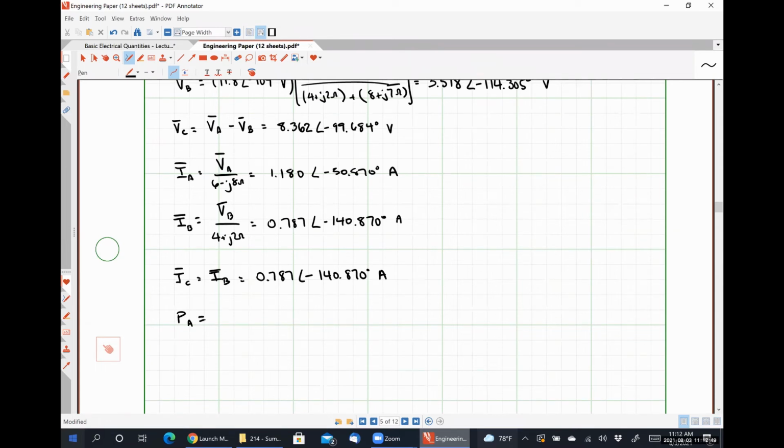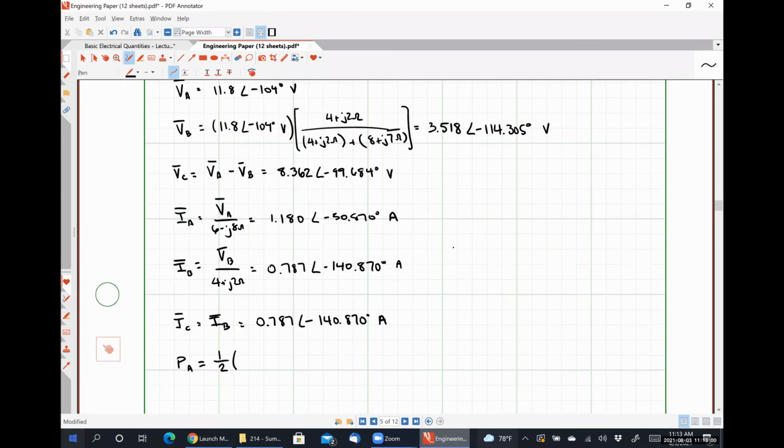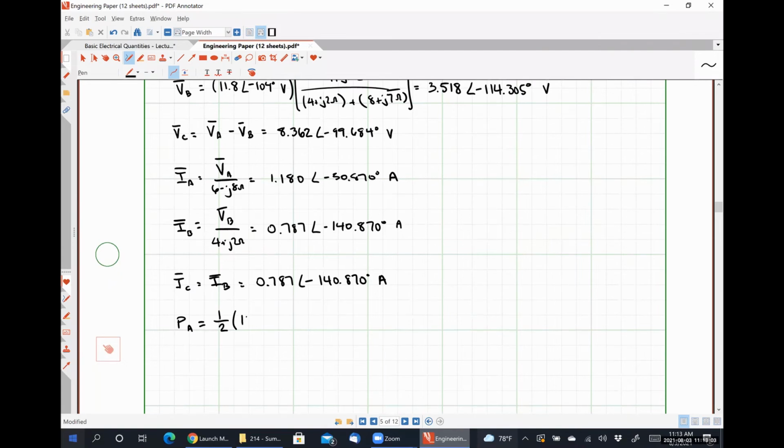The average power absorbed by the 6 minus J8 ohm impedance would be 1/2 times the magnitude of the voltage, which was 11.8 volts, times the magnitude of the current, which was 1.180 amps, times the cosine of the angle of the voltage, negative 104 degrees, minus the angle of the current, which was negative 50.870 degrees.